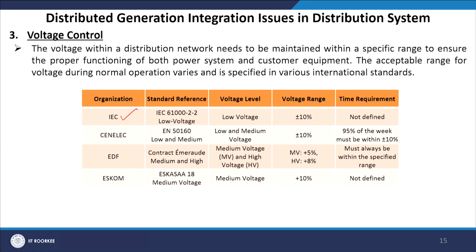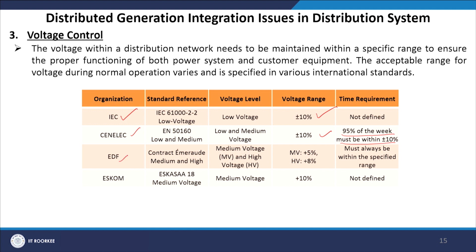Now, if you concentrate on a system like IEC, the standard reference is IEC 61000-2-2 low voltage, where plus or minus 10% is permitted. Whereas in case of Genelec, it is also plus or minus 10%, and the time requirement is 95% of the week must be within plus or minus 10%.